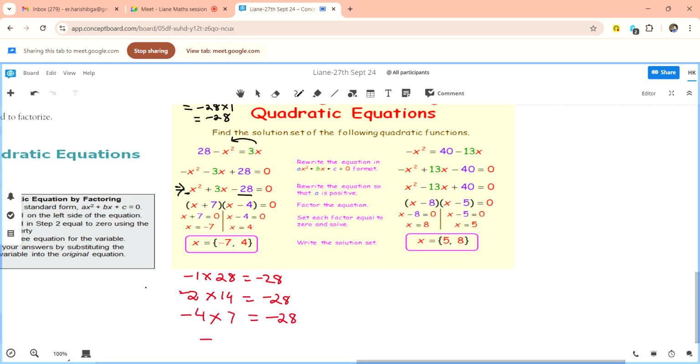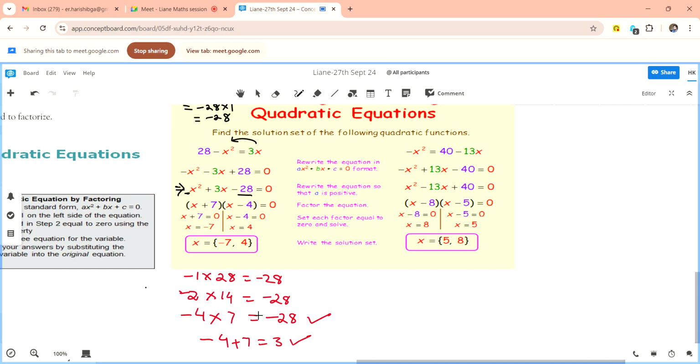And if I add minus 4 plus 7, do I have the result as 3? Yes, I have the sum as 3 when I add them. So when I'm multiplying minus 4 and 7, I have the result minus 28. When I add them, I'll have the result as 3. So it means my minus 4 and 7 work here. Are you getting my point?